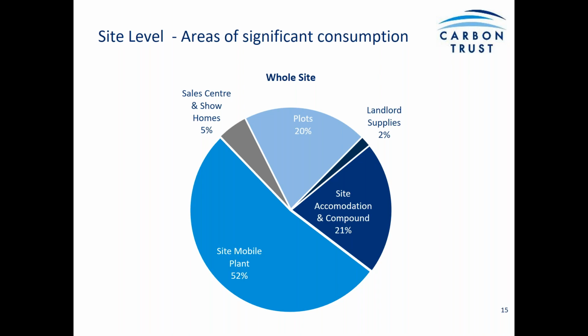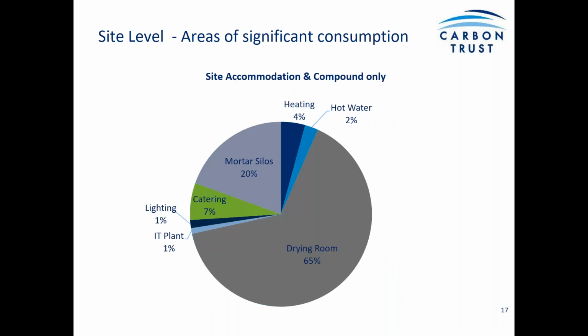But as you can see, the vast majority of there is again going to be used for the mobile plant. And what we're going to do is focus then on where the opportunities are on the site accommodation and compound, and then we'll look at the mobile plant as well in some detail.